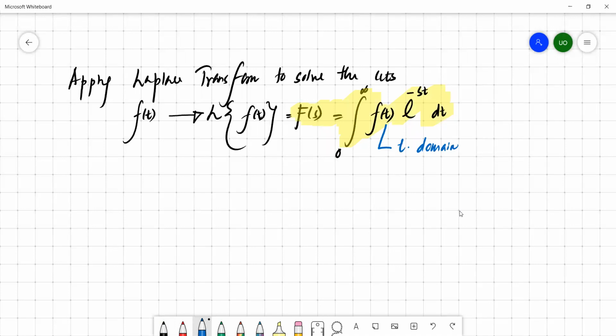Whatever the time domain quantities are, you simply integrate them out, and the ultimate function is a function of s. That's why we put s here. It is the Laplace transform of the function f(t). This is the simple definition of the Laplace transform.